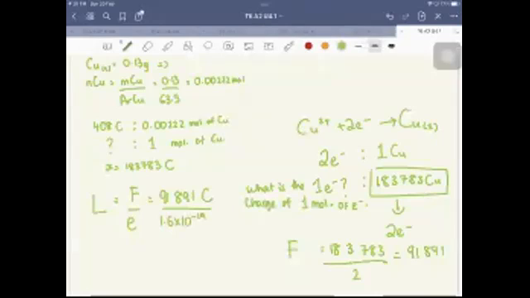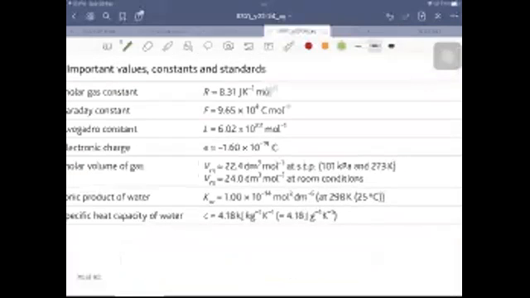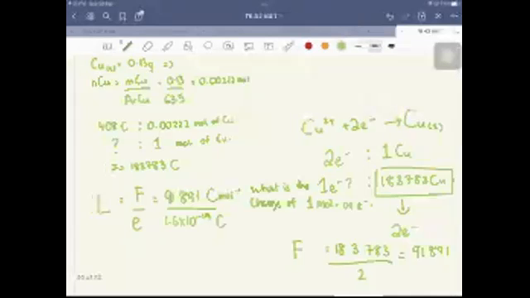And that has a unit of coulombs. Remember here, okay? So the charge of one single electron is 1.6 times 10 to the power of minus 19 coulomb.